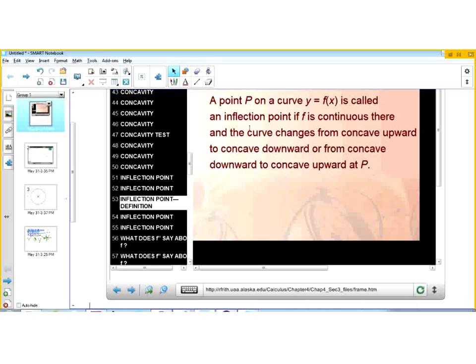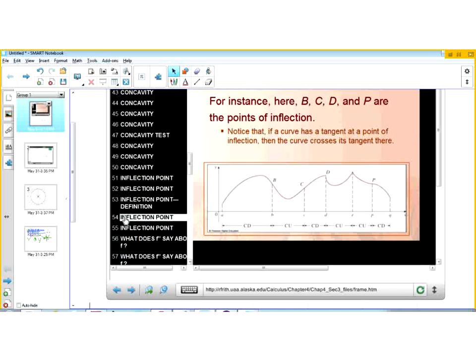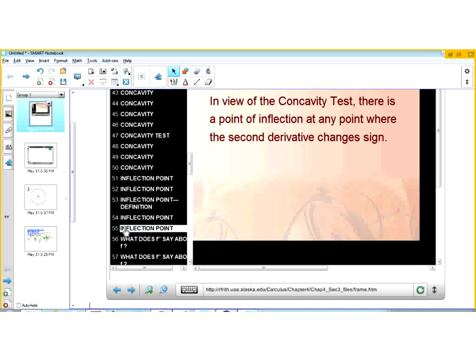A point P on a curve is called an inflection point if f is continuous there and the curve changes from concave upward to concave downward, or from concave downward to concave upward at P. That's your inflection point. We've already analyzed this figure.